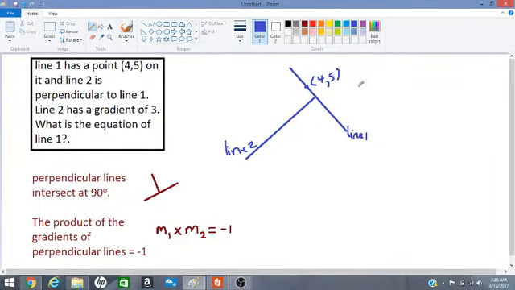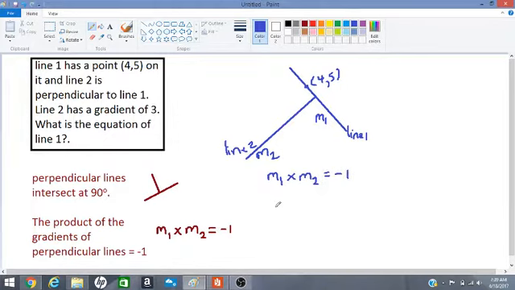Right, so we want to find the equation of line 1. We have one point already, which is (4, 5). We need to get the gradient of line 1, so we need to get m. Let's call the gradient of line 2 m2, and the gradient of line 1 m1. We know that m1 times m2 gives -1 because these lines are perpendicular.